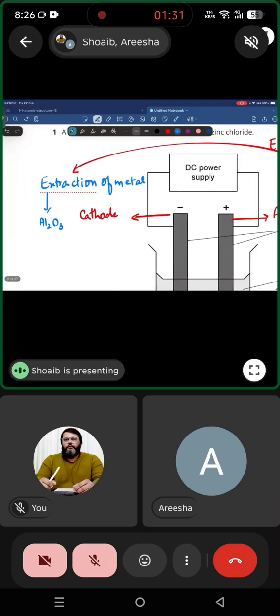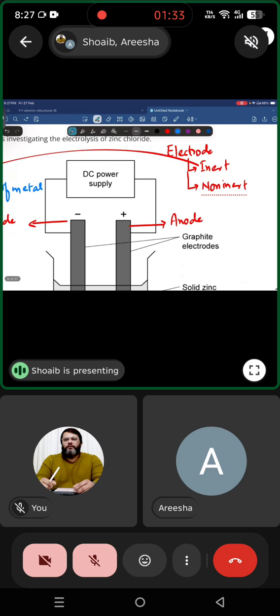Got it? Now, non-inert electrodes are used in electroplating and copper purification. Basically, the word copper purification has been eliminated from the syllabus, but still that type of question can come in your exam.